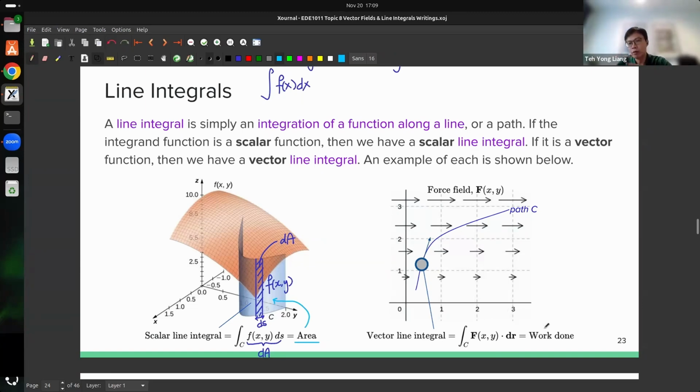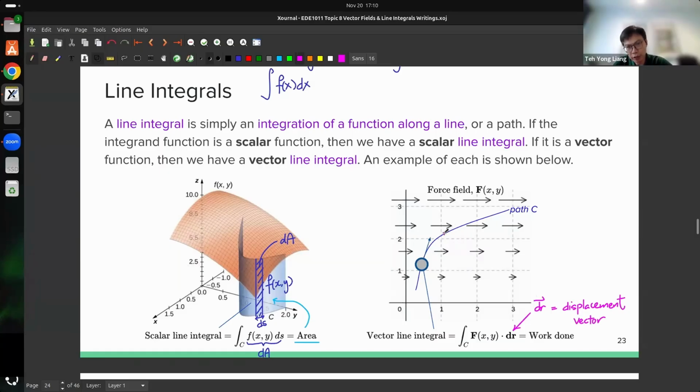Because why? Force times displacement. This is like a force field F, for example. dr is the displacement vector. This dr, later on I will talk more about dr. So you look at this path, where's the displacement vector dr?